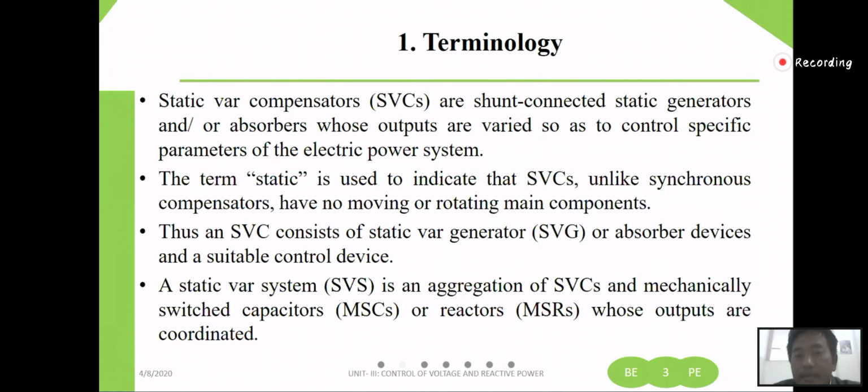Before we start the static VAR system, you have to know a little bit of terminology, and we have to be very careful about it.